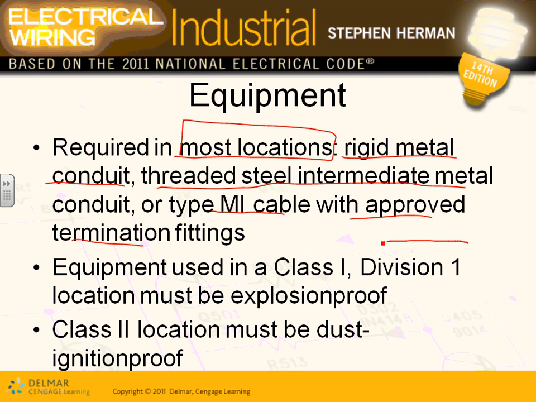If you have anything in a Class 1 Division 1, the hazard exists at all times, then your equipment must be explosion proof. If you go to the definition of explosion-proof equipment, two things. Number one, it's capable of handling an explosion inside this piece of equipment without the outside temperature exceeding the igniting temperature of the surroundings. So Chris, the gas can seep into this circuit breaker.